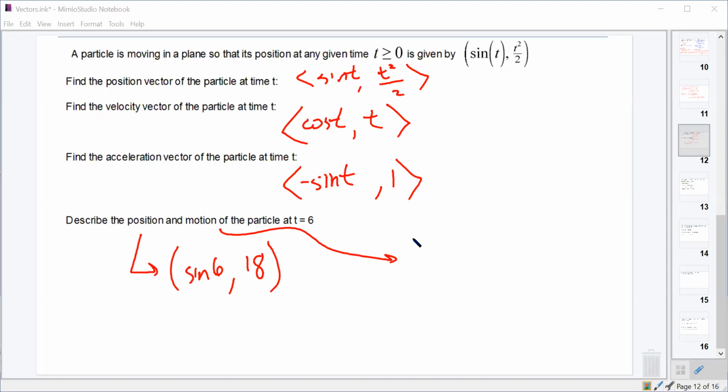Should be the inverse tangent of what? Inverse tangent of the y component of the velocity vector, which is t, which is 6, over the cosine of 6. And what does that come out to be?